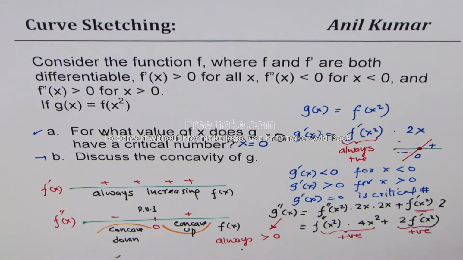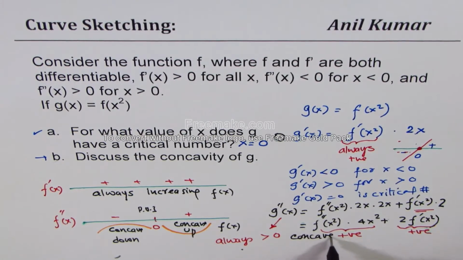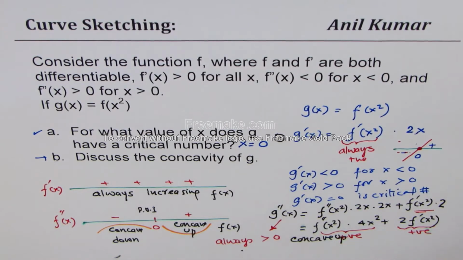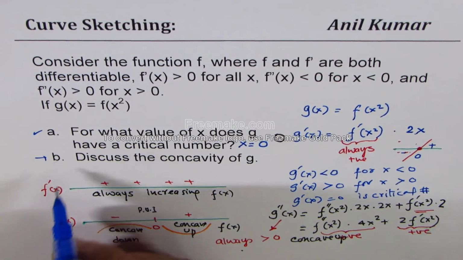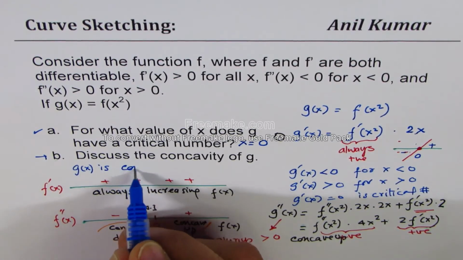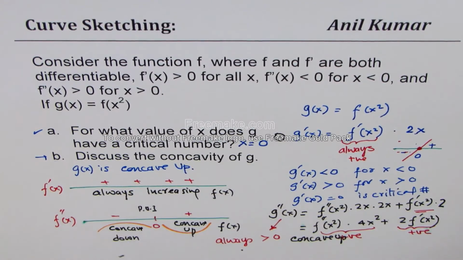That means it is concave up. So for the concavity of g of x, the answer is: function g of x is concave up. So that is how you could conclude.